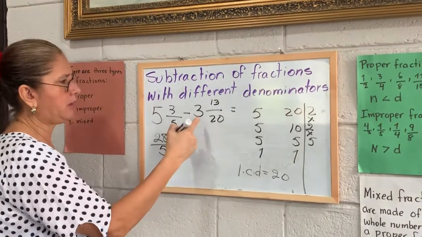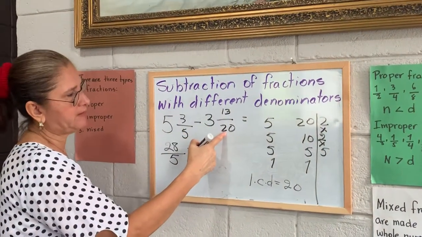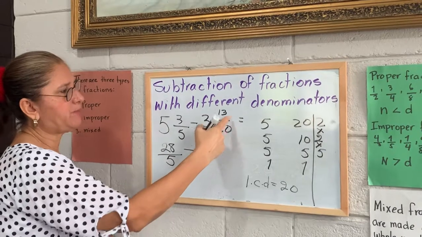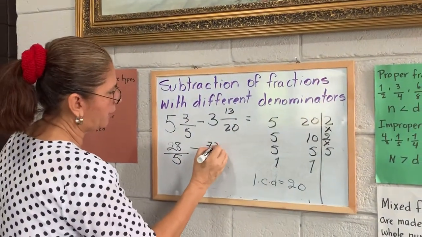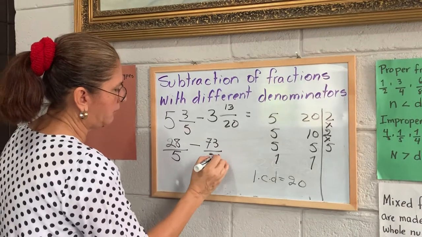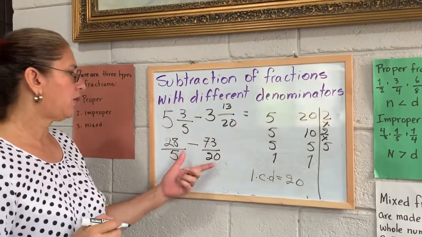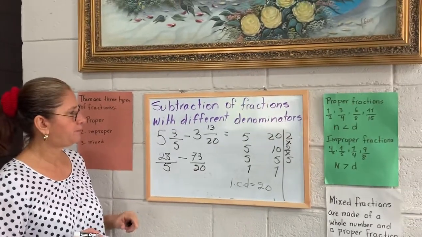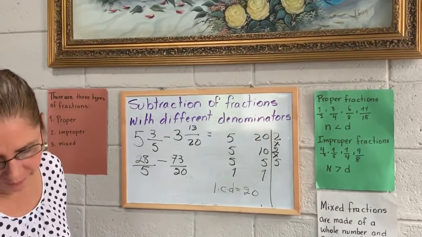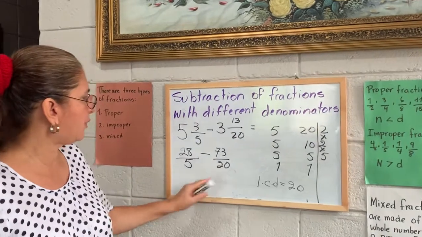Minus, 3 times 20, 60. 60 plus 13 is 73, over 20. Now I convert into equivalent fractions, 73 over 20.